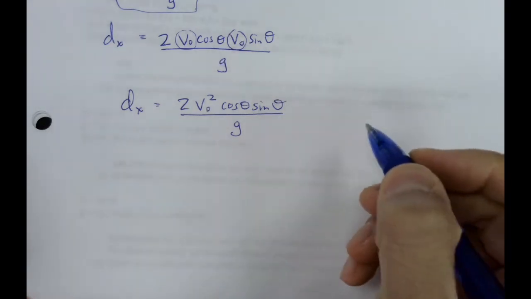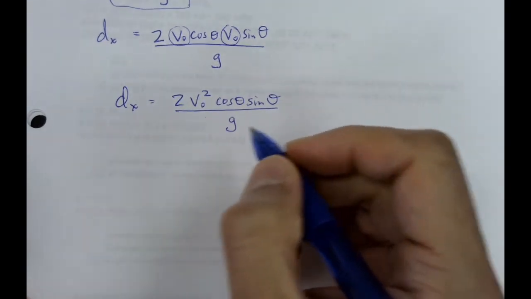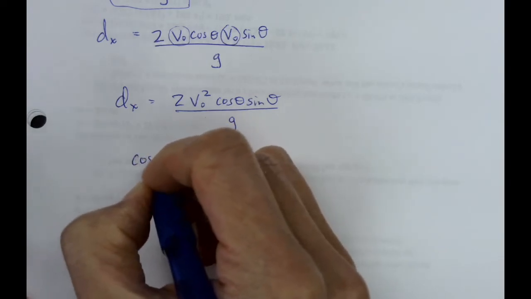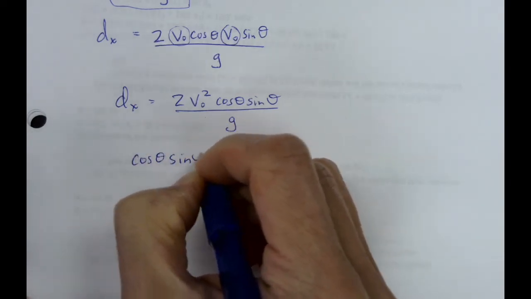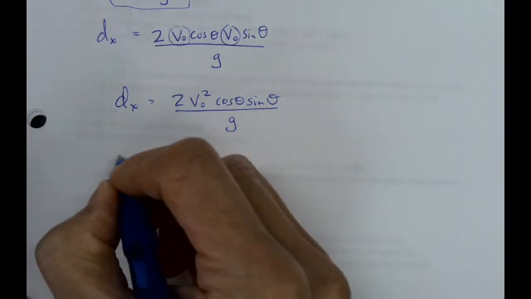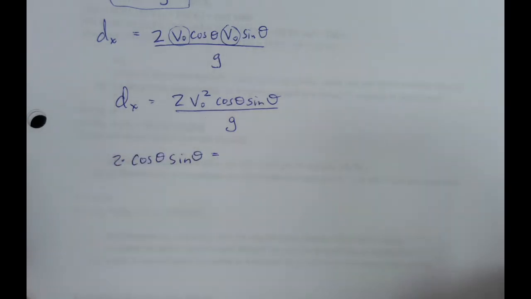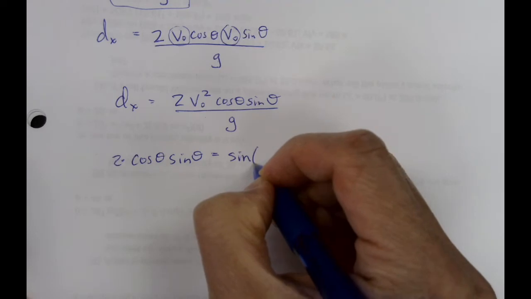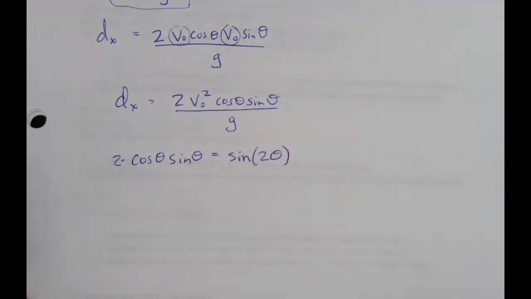There is a trig identity that makes this easier that I won't do here, but 2 cosine theta sine theta is actually equivalent to sine of twice theta.